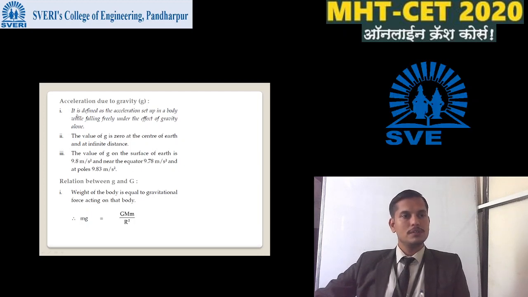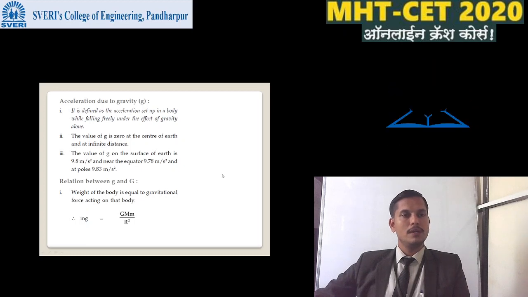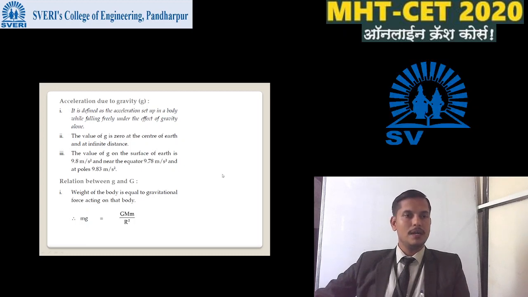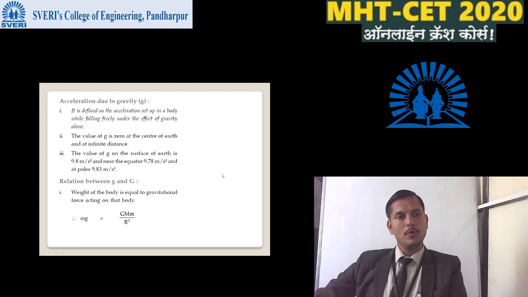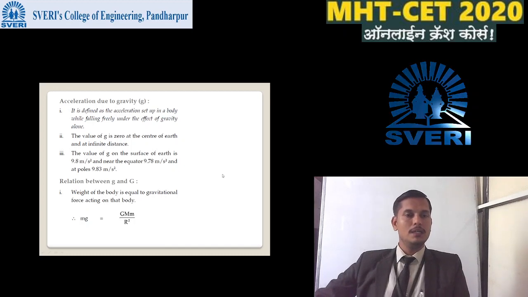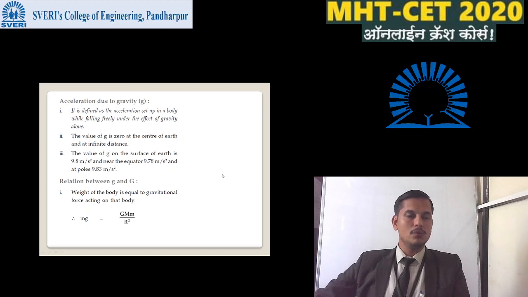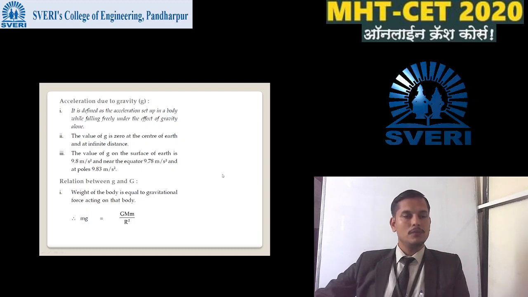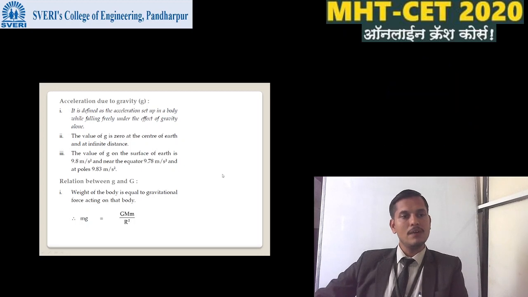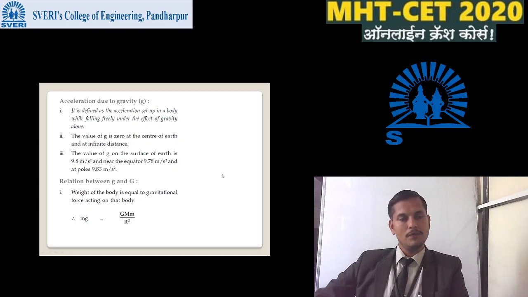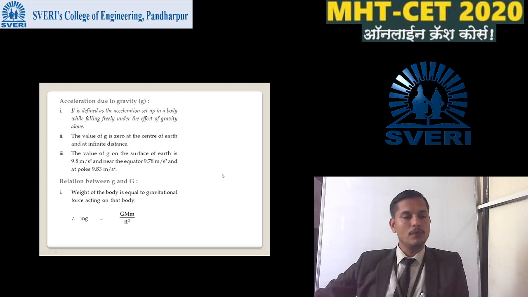So let us discuss this. Acceleration due to gravity, that is small g, everyone knows. But how can we define that? It is defined as the acceleration set up in a body while falling freely under the effect of gravity alone. When that body is falling freely, the condition is that only gravity affects the free fall.